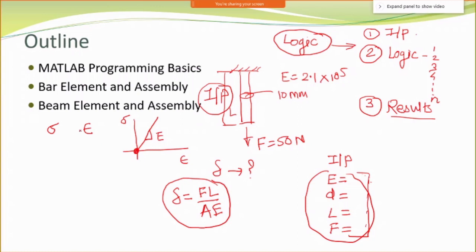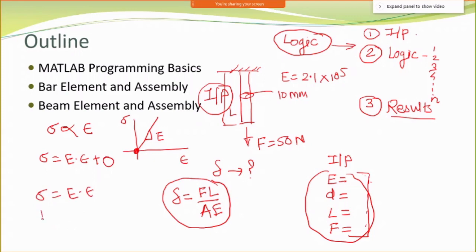So I can now fit this curve: stress is directly proportional to strain. I can say stress is equal to E, my slope, times epsilon, with no constant as it passes through zero. Now I have stress equal to E into epsilon.